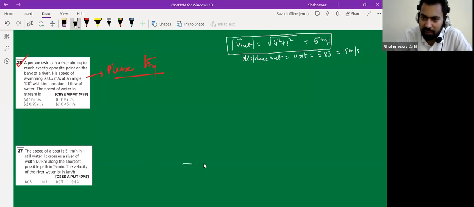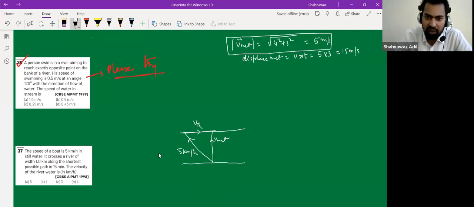So this is the river. It crosses like this. And the speed in normal water is this, right? Understood? So this is the speed, this is V net, and this is the velocity of the river.